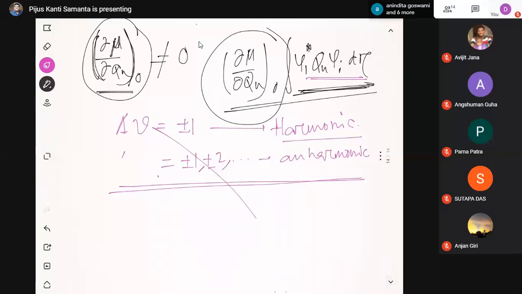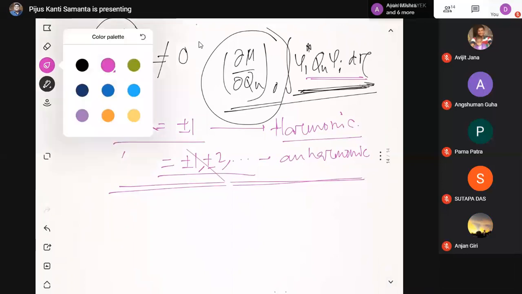Earlier I showed that for the harmonic case you have only one frequency, because the delta V was plus or minus 1.